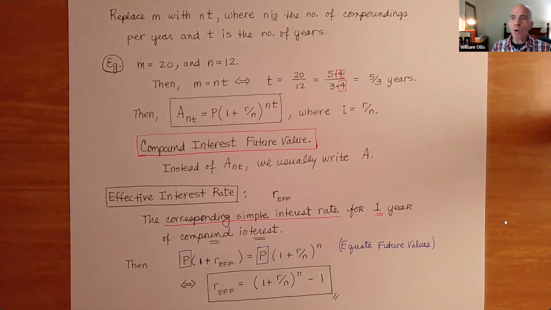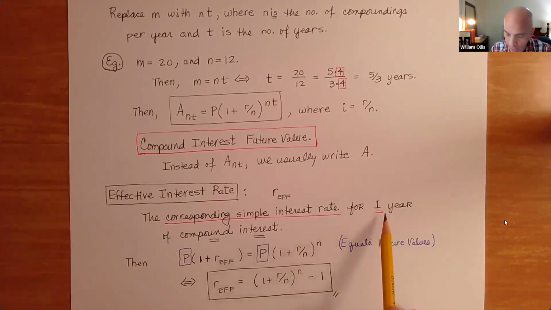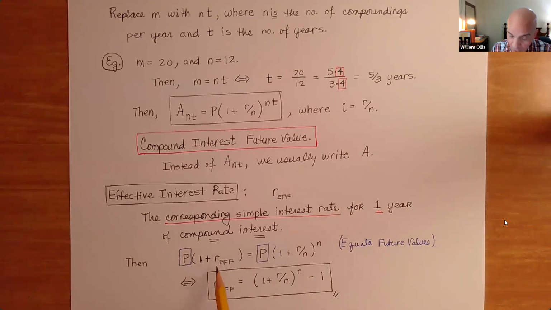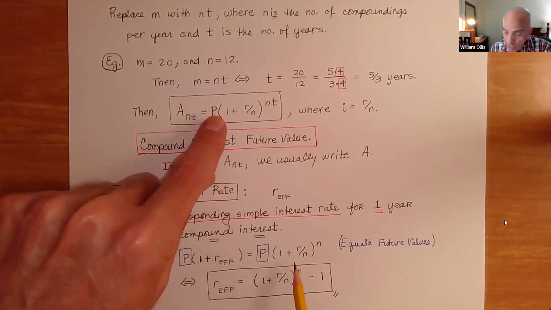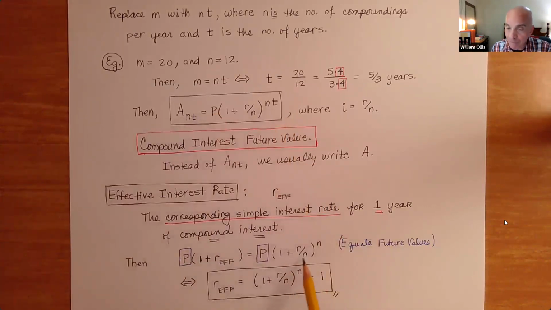So we're thinking, what would be the corresponding simple interest that would actually provide the same level of outcome, the same future value? So what we do is we just simply replace T with 1. And we go to our formula, which is to say, if we're thinking of the effective interest rate as being the simple interest rate, where we have P times (1 + R_eff), and then we move to the compound interest formula, again replace the T with 1, we simply have this.